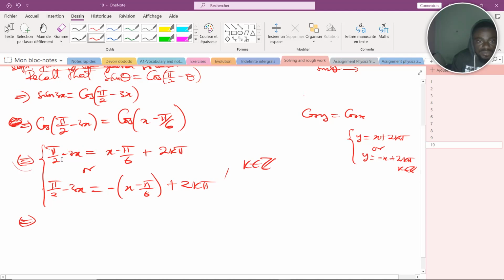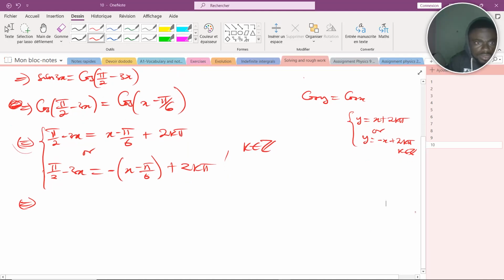So here I'll bring the x here, and the pi on 2 on the other side. So we're going to have minus 3x minus x being equal to minus pi on 6 minus pi on 2 plus 2k pi.